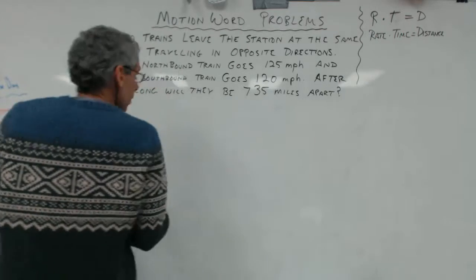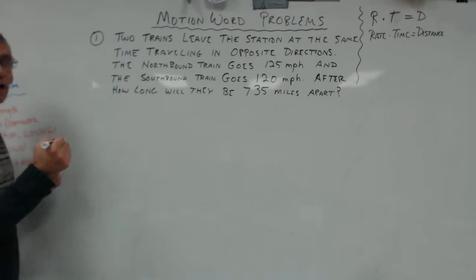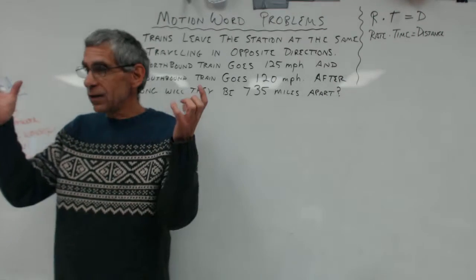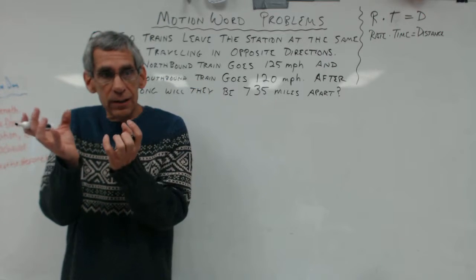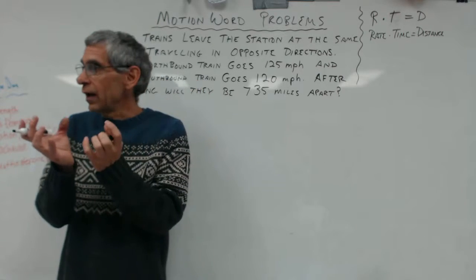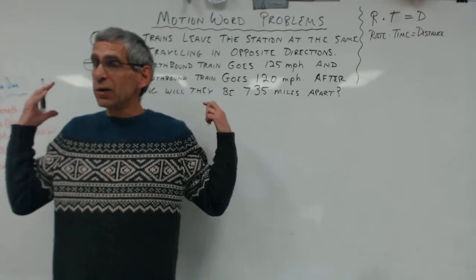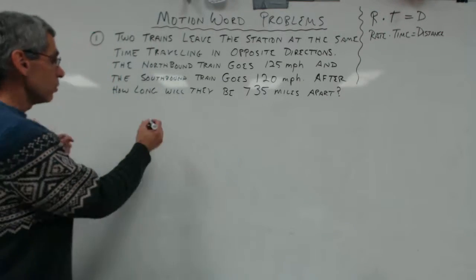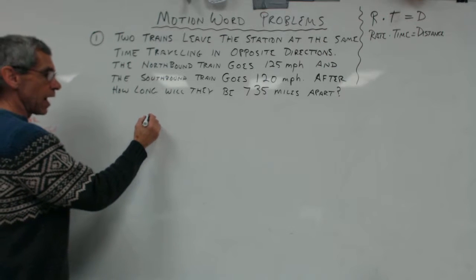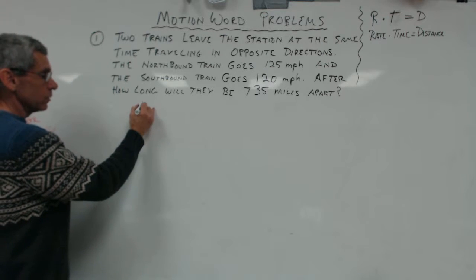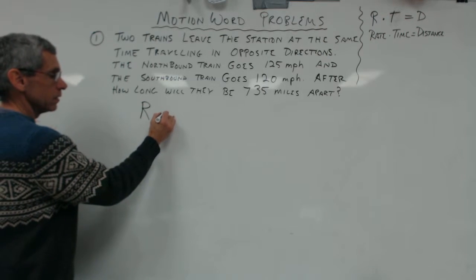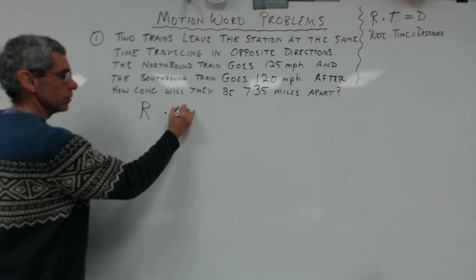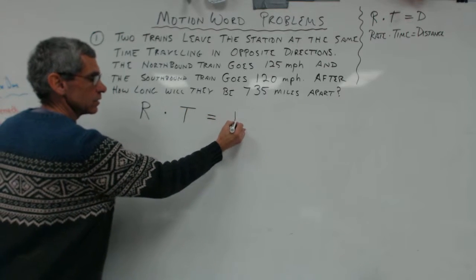Okay, so now, the best way to solve these is to figure out a way to pull the information together in a useful way. Because right now, it's a big gobbledygoosh of words. So I'm going to create a box, and I'm going to label it as rate times time equals distance.